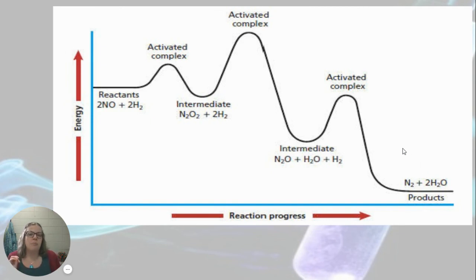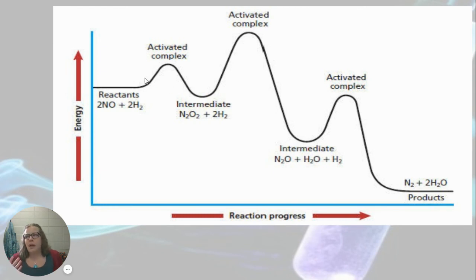However, a mechanism includes little bumps here for each step in our process. And generally, when you draw a graph like this, you have your starting and finishing areas in the correct location. So if this would have been endothermic, I would have ended higher.